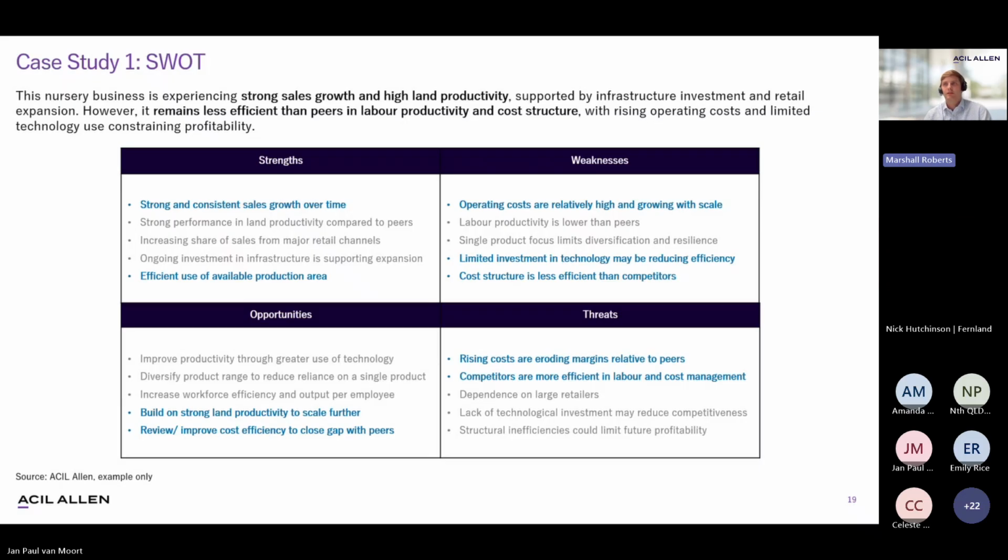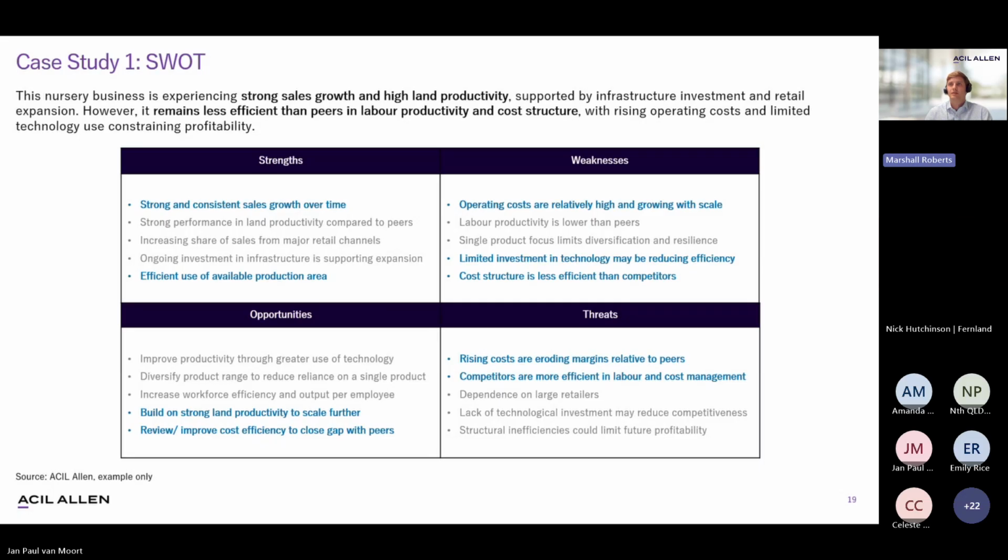In terms of weaknesses, there's a key concern in relation to operating costs, which are persistently high, and we've identified non-wage cost pressures over the last 2 years. There seems to be a limited investment in technology, which may be impacting efficiency. So this is also an opportunity.